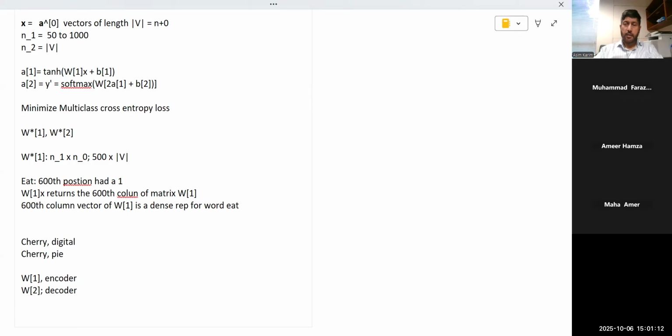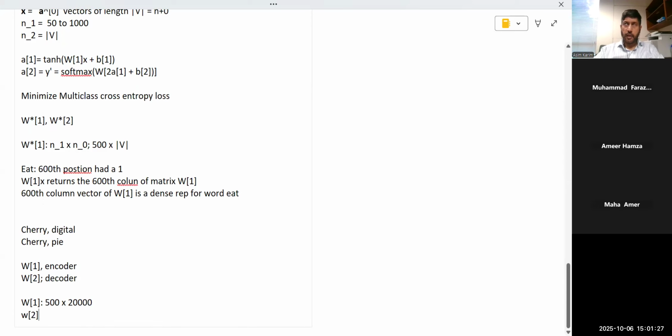अच्छा, मैं ये बता रहा था कि आपकी W1 की हमारे पास जो डायमेंशन थी वो फॉर एग्जांपल 500 बाय 20,000 थी, या वोकेबलरी साइज था जो भी. ठीक है. सो W2 का जो साइज होगा वो होगा 20,000 बाय 500. ठीक है.